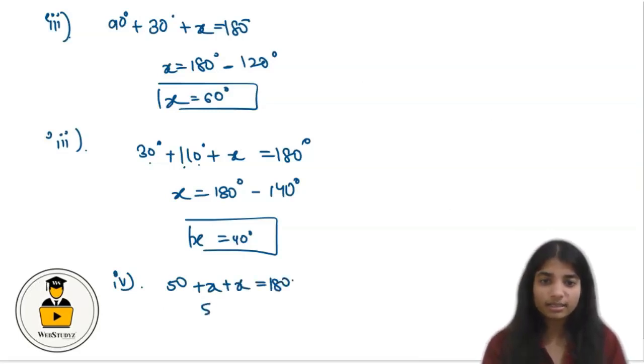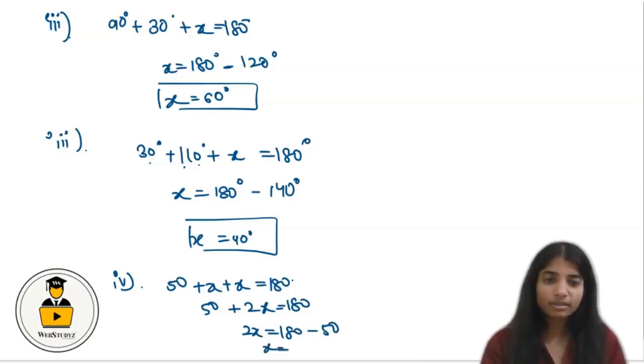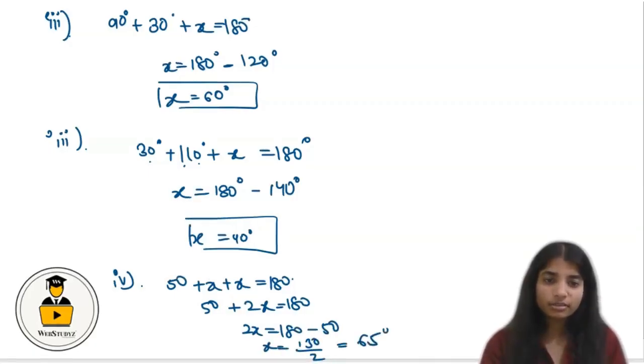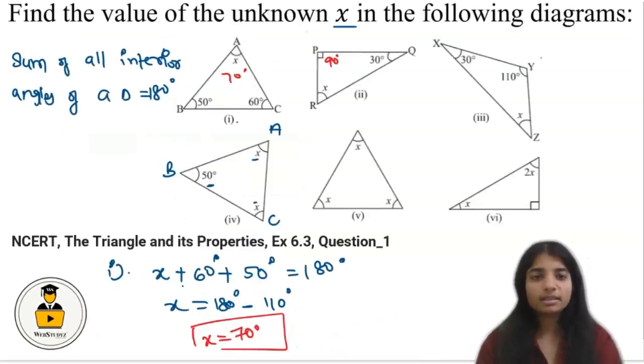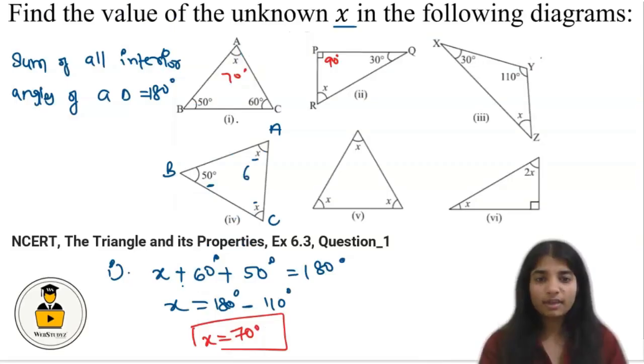We can write this as 50 plus 2x is equal to 180. So 2x is equal to 180 minus 50, that is 130, and x is equal to 130 divided by 2. Solving this, it is equal to 65 degrees. So the value of both the x angles is 65 degrees and 65 degrees. This is the answer to part 4.